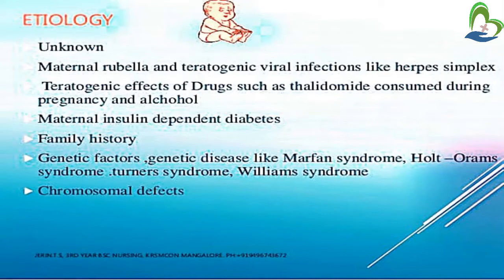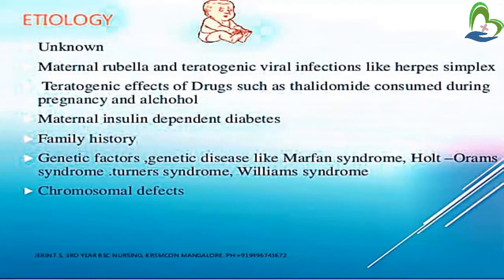Then other causes are maternal insulin dependent diabetes, and family history: if someone in the family has a history of congenital heart disease. Then genetic factors like genetic diseases such as Marfan syndrome, Holt-Oram syndrome, Turner syndrome, Williams syndrome, and at last chromosomal defects.